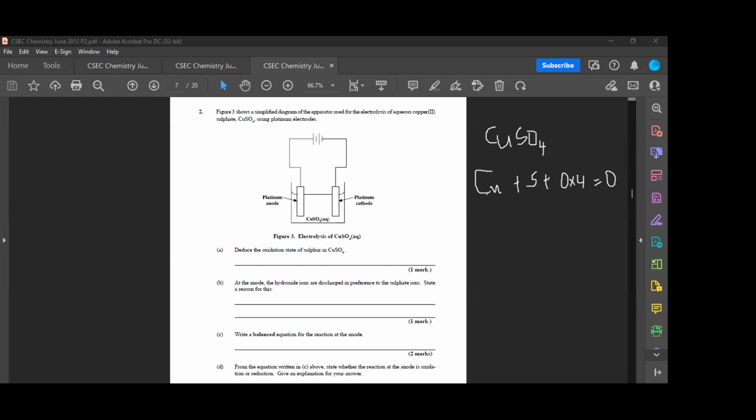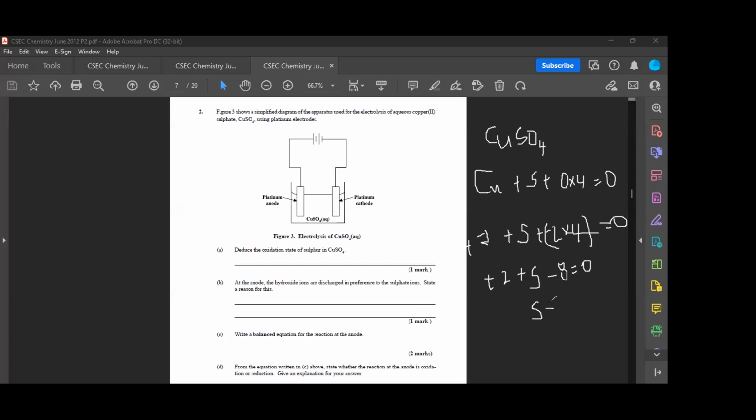So we said that copper is 2 plus. We have worked it out more than once. So we know that this is +2 plus sulfur, the unknown, plus -2 times 4, which is equal to 0. That -2 comes from the oxygen. So that's +2 plus S minus 8 is equal to 0.